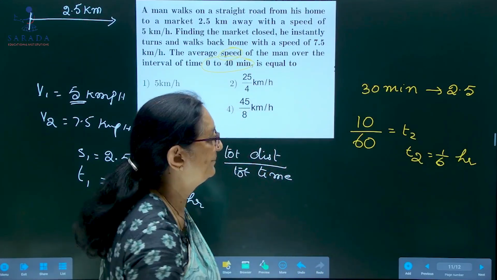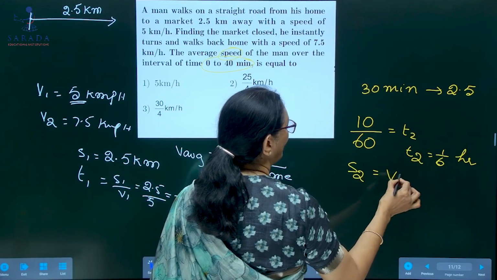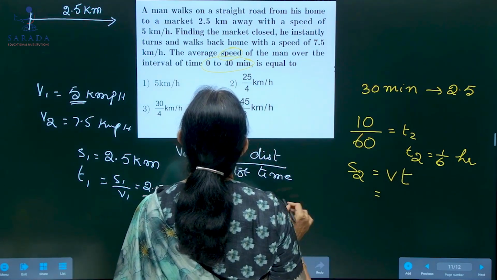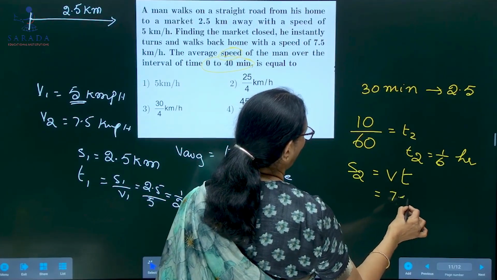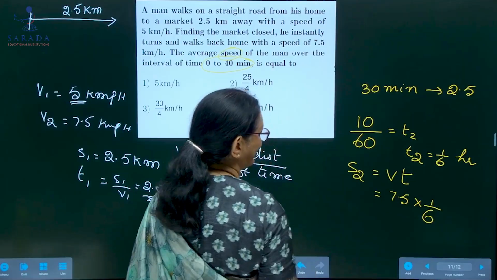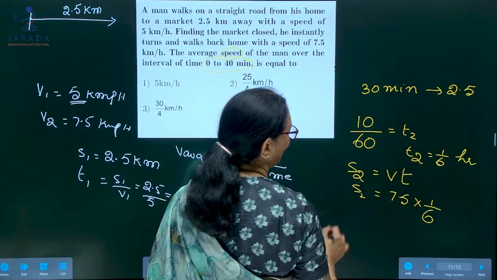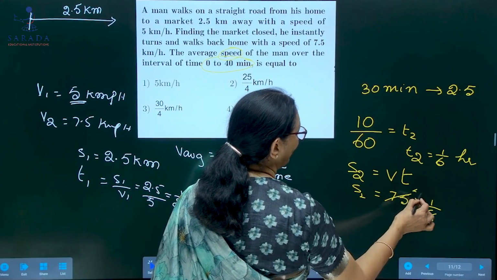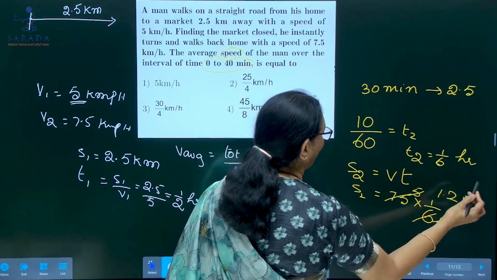In this time, the distance covered is S is equal to V into T. Velocity is 7.5 and time is 1 by 6. So, S2 is equal to 7.5 into 1 by 6, which is 1.25.